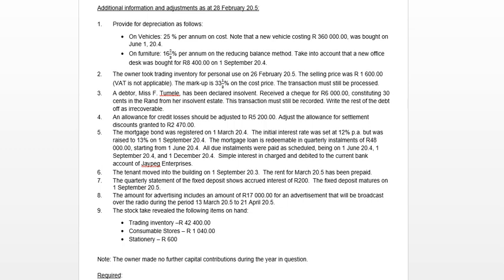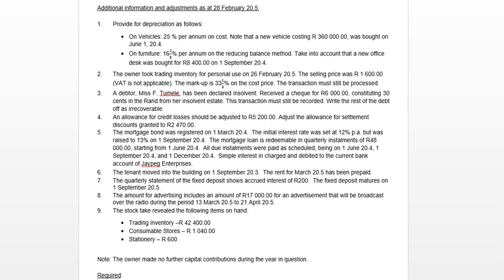So he took this inventory on the 26th of February, but we still haven't recorded this transaction. So we need to record this transaction in our general journal, and we also have to post it to the relevant financial statements and adjust our accounts accordingly. The inventory has a selling price of 1,600 Rand, but the owner didn't physically buy this inventory.